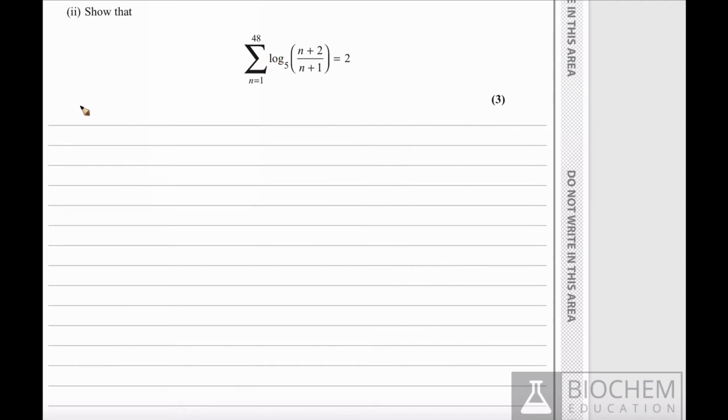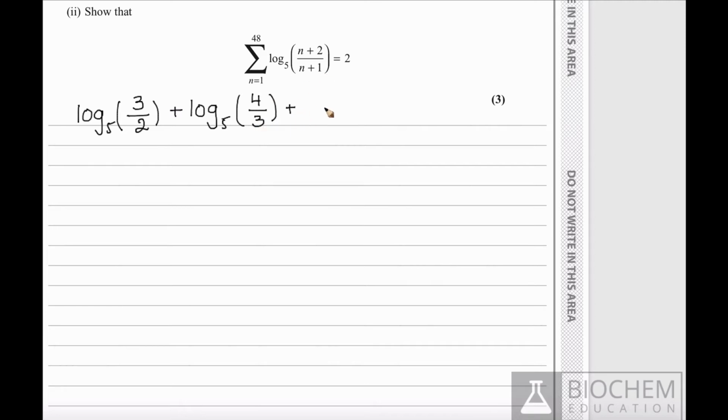So we can write this as log to the base 5. When n is 1, 1 plus 2 is 3, and the denominator, 1 plus 1, will be 2. Now substituting 2 for n, we get 2 plus 2, which is 4, and 2 plus 1, which is 3.